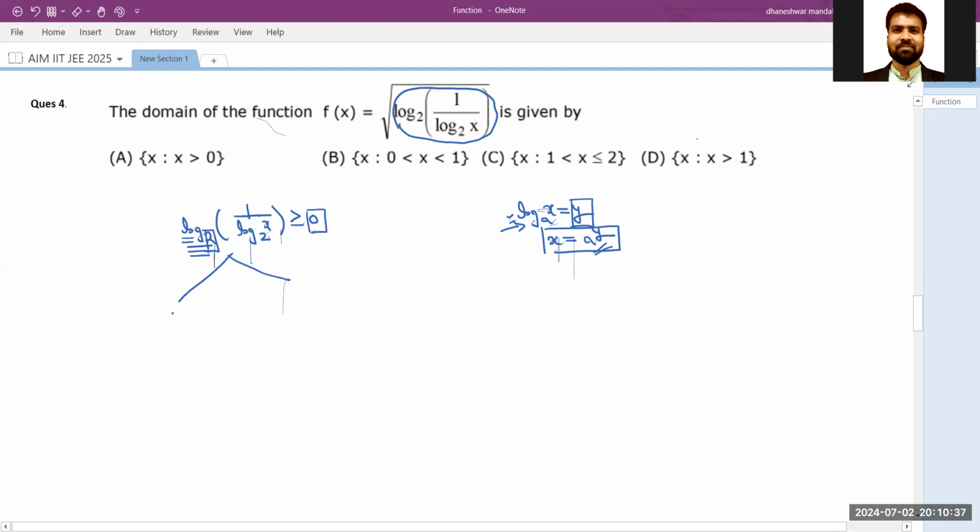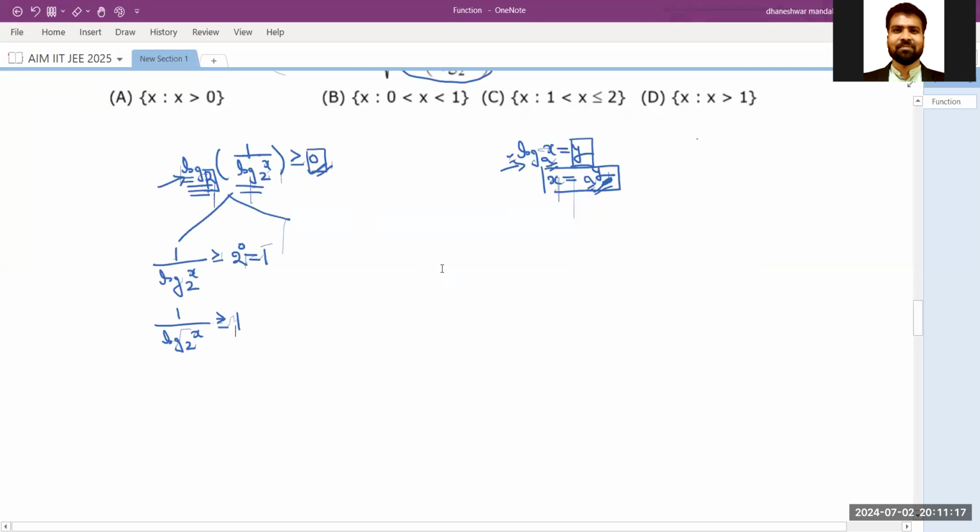Okay, so from here, if I remove this log, I get log of x base 2, only this term, and the inequality remains the same. And here we have the base raised to the power of this right hand side. See, here we have base and base raised to the power y. Okay, and this is nothing but 1. So from here we have 1 by log of x base 2, which is greater than or equal to 1. Is this clear to everyone?